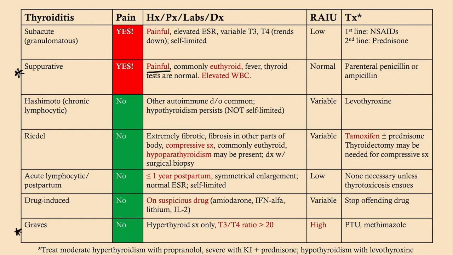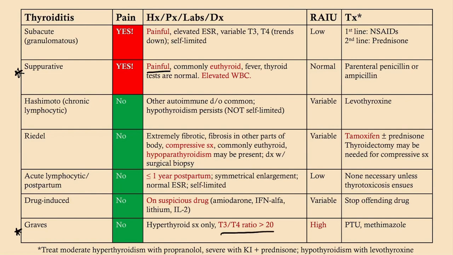And then we didn't really talk about Graves', but I just want to point out one very important thing, the T3 to T4 ratio, which I did talk about in the hyperthyroid section when I talked about Graves'. If the T3 to T4 ratio is more than 20, then you have Graves'. If you have hyperthyroidism and it's less than 15, then you have a thyroiditis, likely, where you're in the hyperthyroid phase.